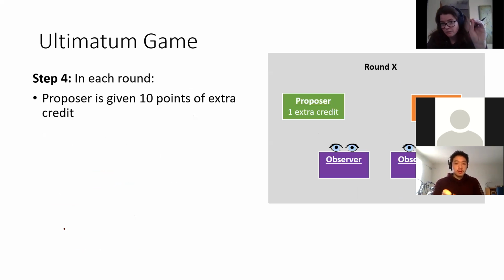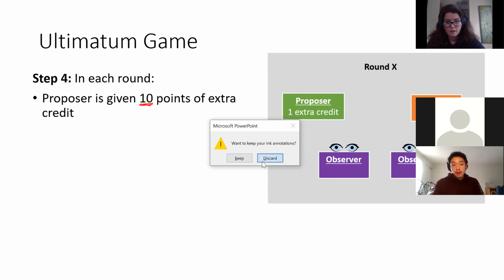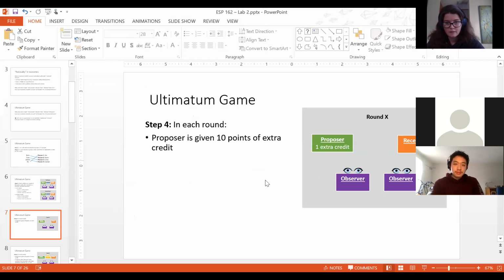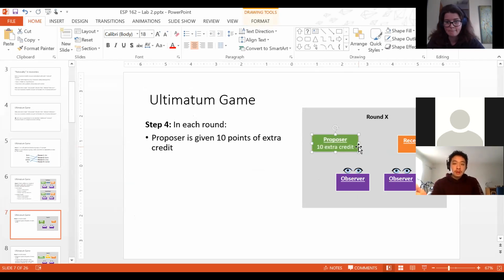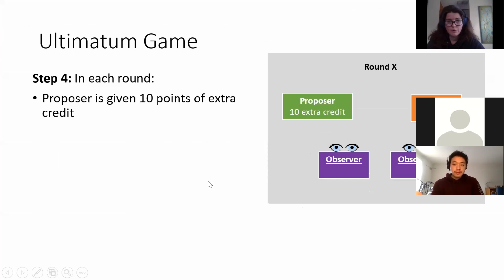In each round, the proposer is given 10 points of extra credit. Need to update this slide. This should say 10. The proposer is given 10 points of extra credit.